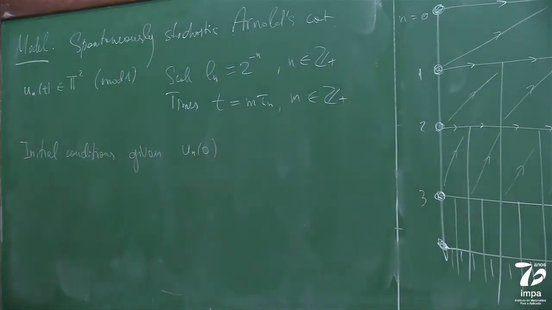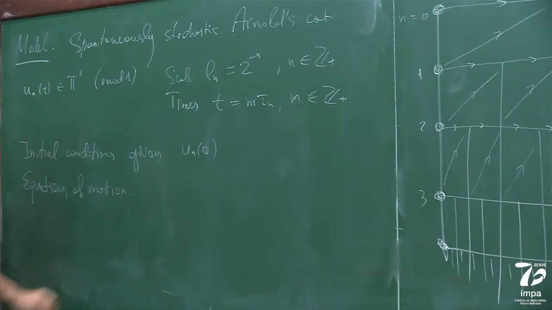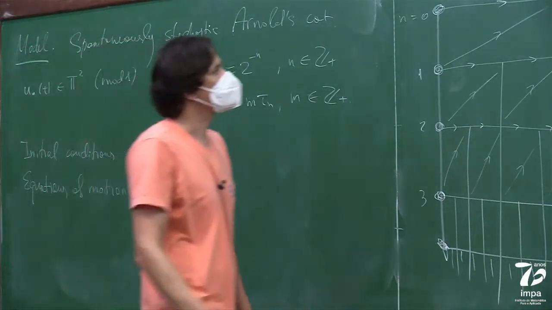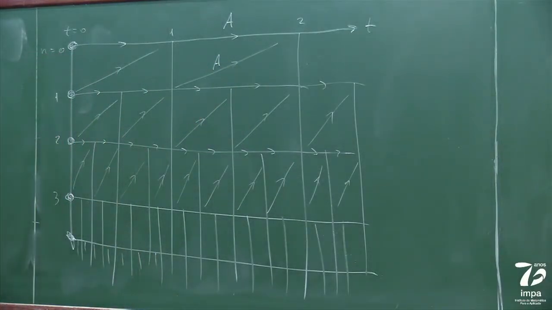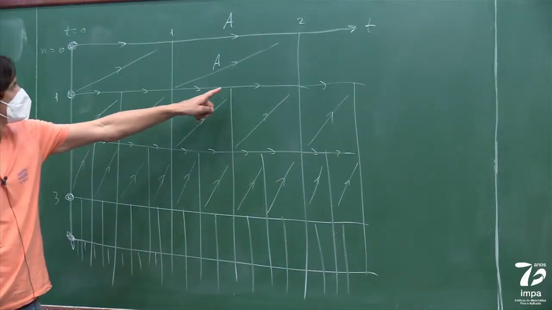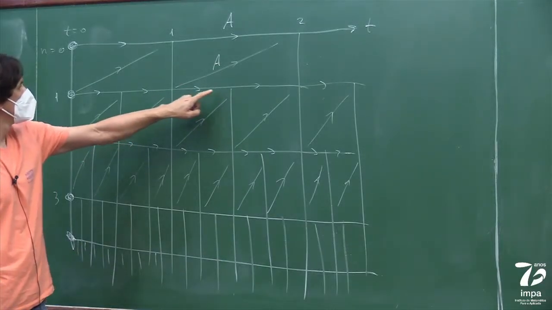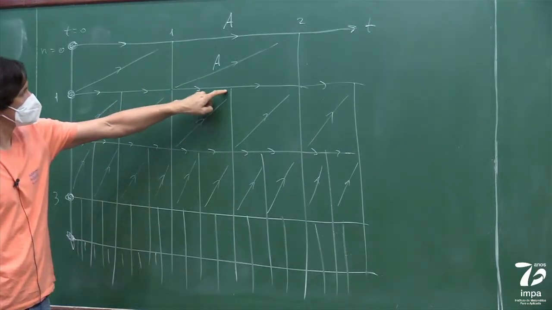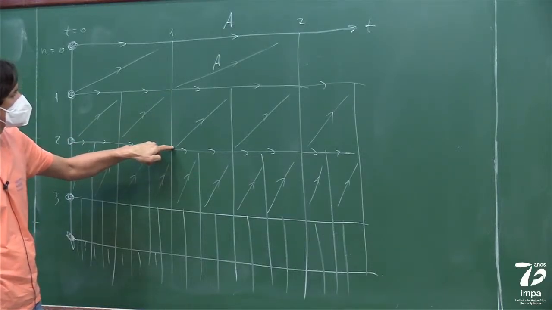And then we take equations of motion. The equation of motion is what is given by an arrow, and each arrow is the Arnold-Cat map, so it's A. So if you want to define what is at the next step, it is given by the Arnold map from the previous step, and my Arnold map from the previous time, but at smaller scale.